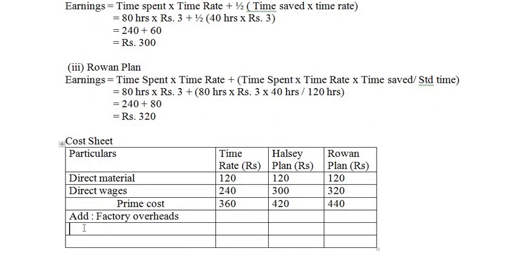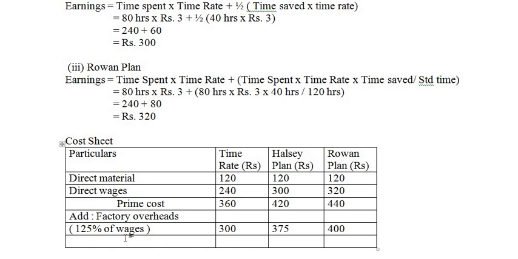In bracket you can write 125% of wages. Okay. So complete the bracket. Now under time rate, wages are rupees 240. So 240 into 125%, that is 300. Again 300 into 125%, that is 375. 320 into 125%, that is 400.